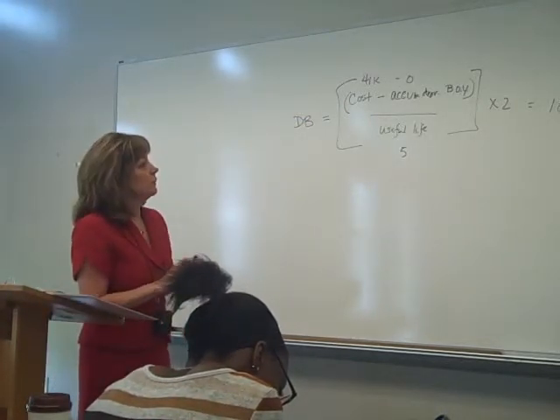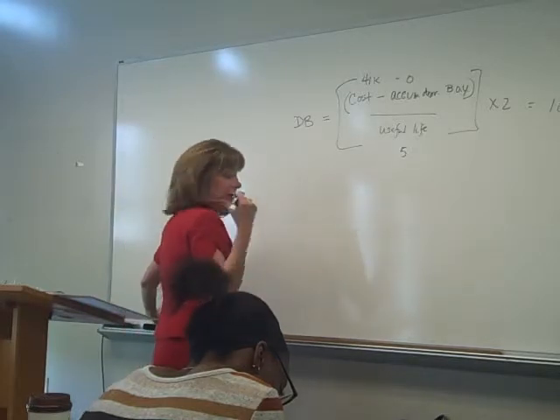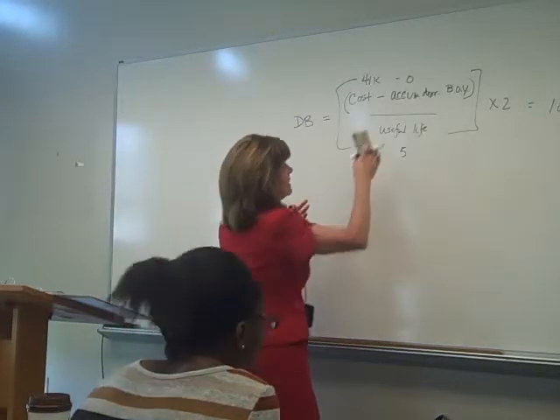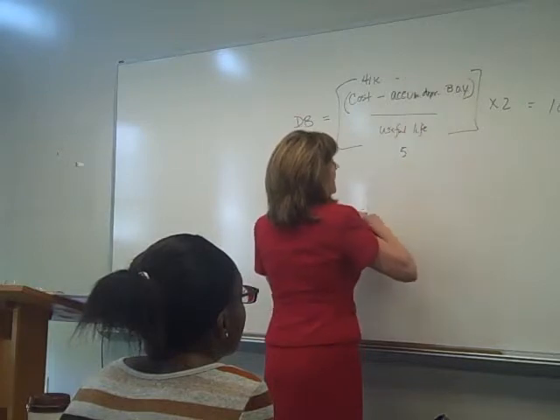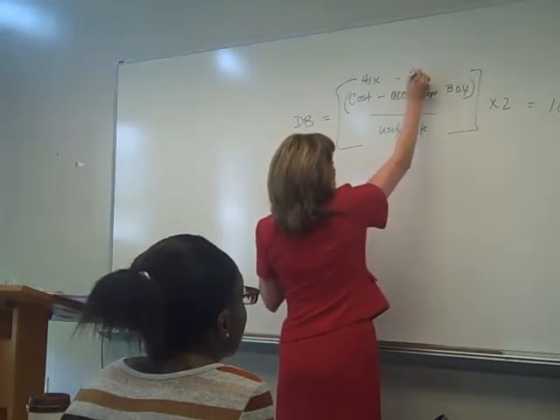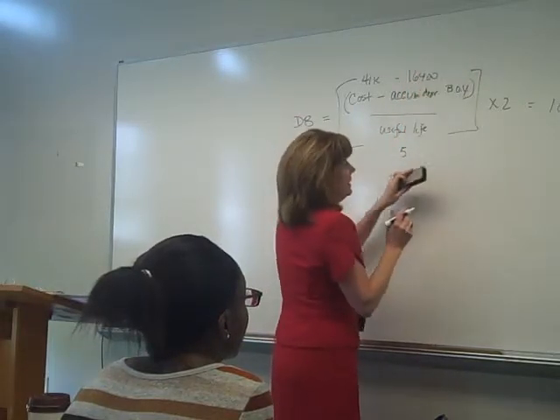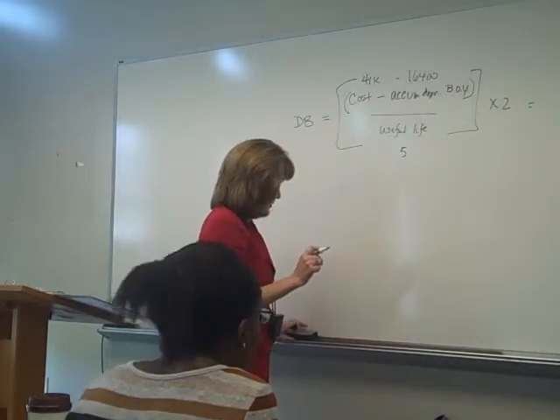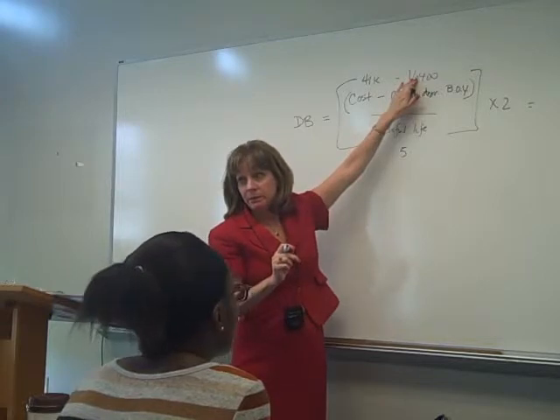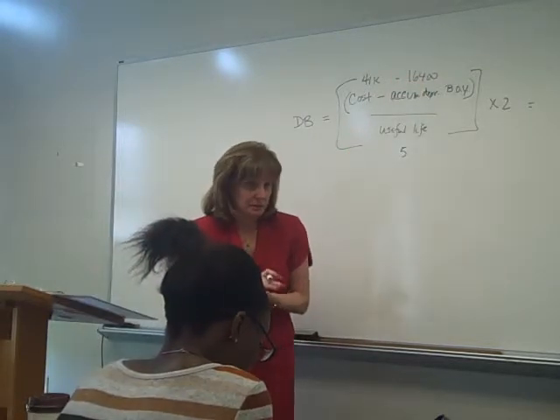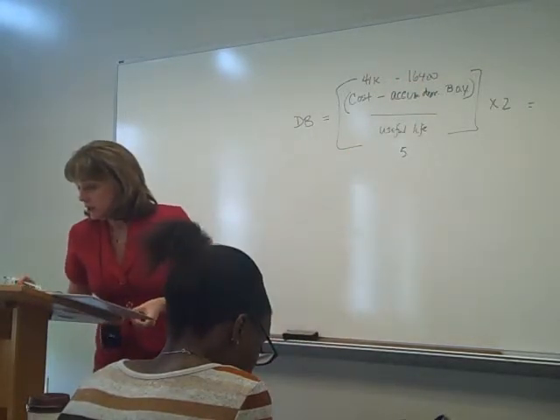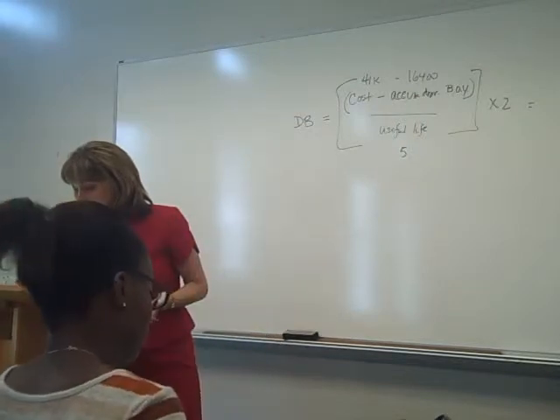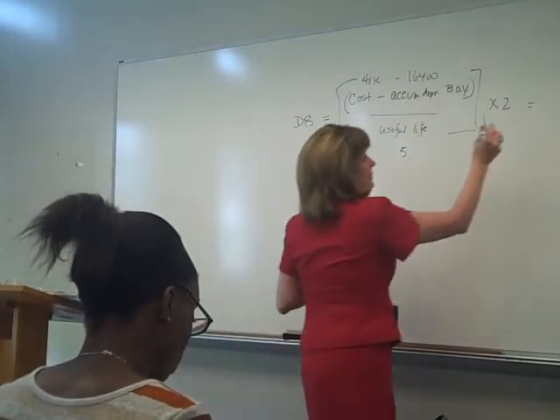They did not use 41,000 as their first number because in year 2, it's 41,000 minus 16,400 divided by 5 times 2. The only thing I changed was that number. But I do the math again. And I get 9840.